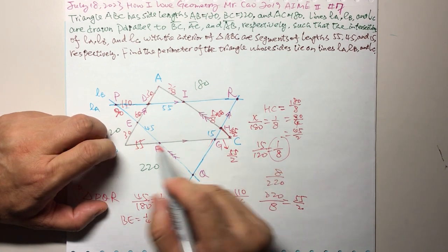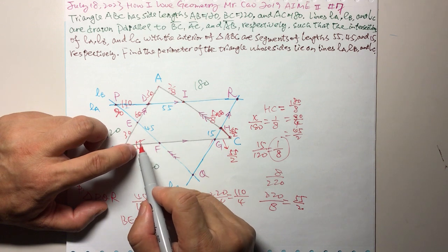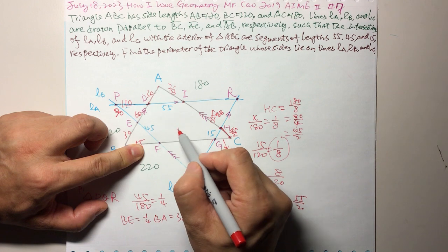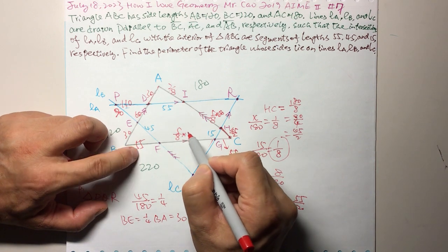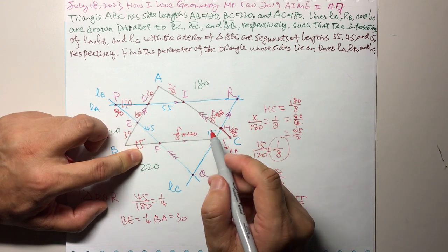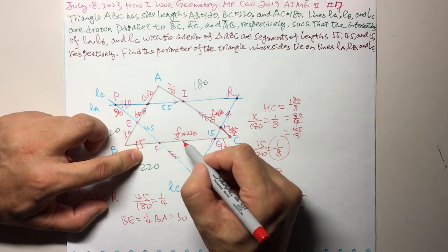This is 1/8, and this is 1/4, or 2/8. So the left one is 5/8 times 220.